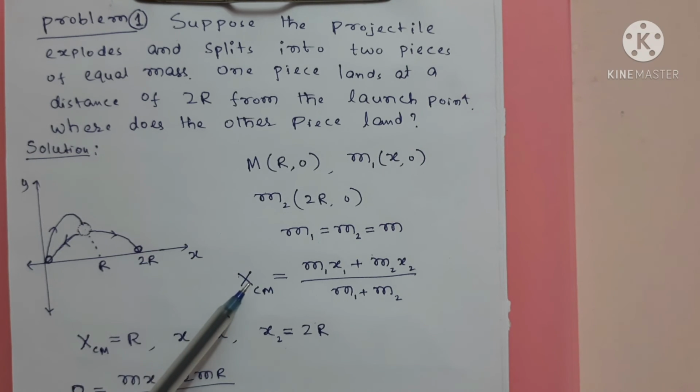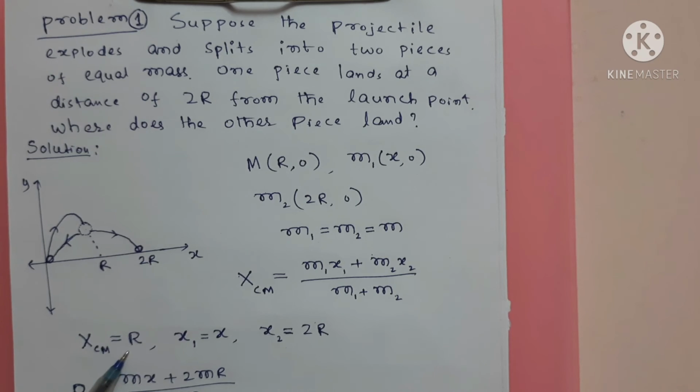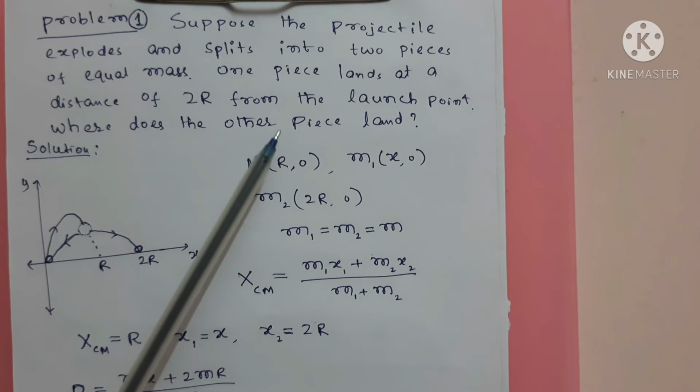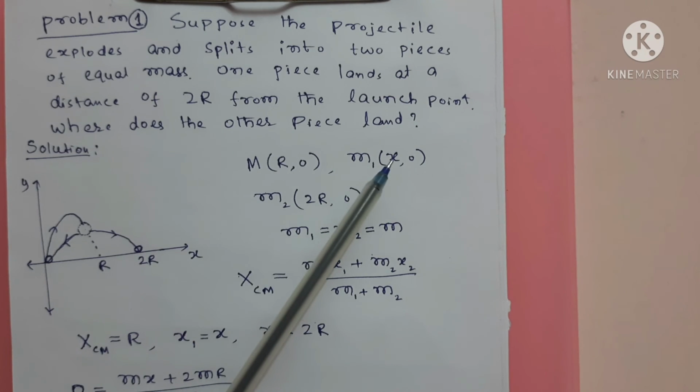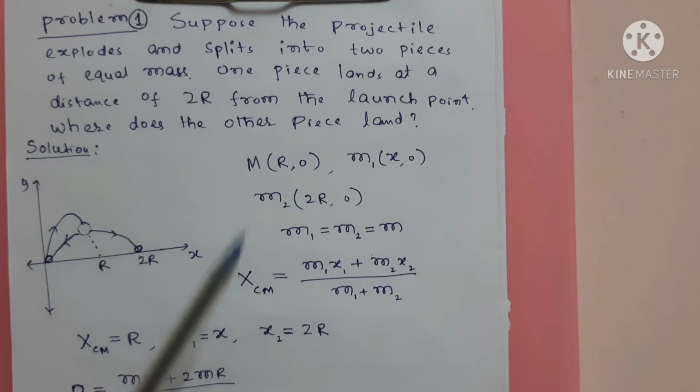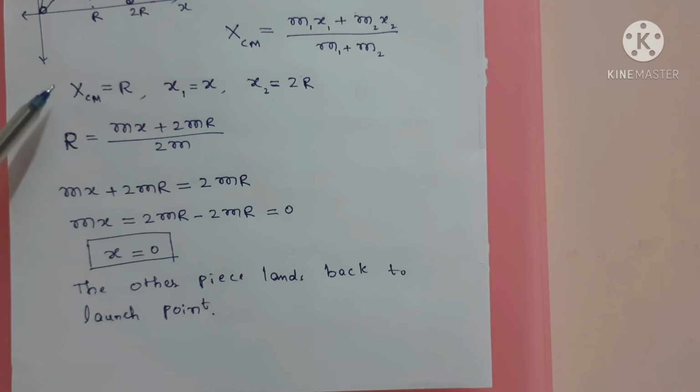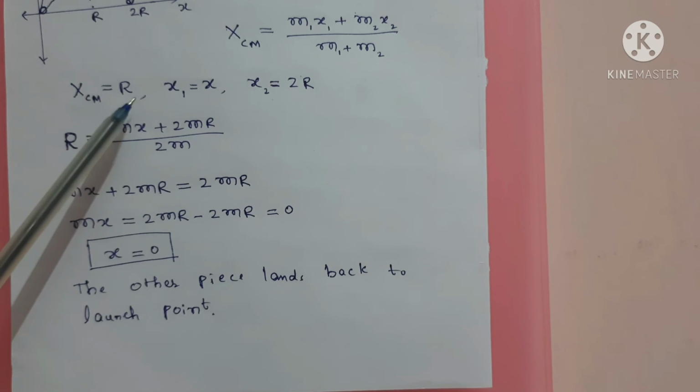This is xcm, the center of mass of capital M, supposed to be at R range, no? x1 equal to x, x2 is equal to 2R. This is xcm, this is x1, this is x2. Now you substitute, the center of mass of the system of two fragments, xcm is equal to R.